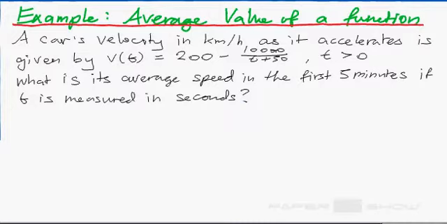What you want is to see what this graph looks like. If this is our graph, we know that there's some kind of asymptote at v equals 200, right? You should know that.